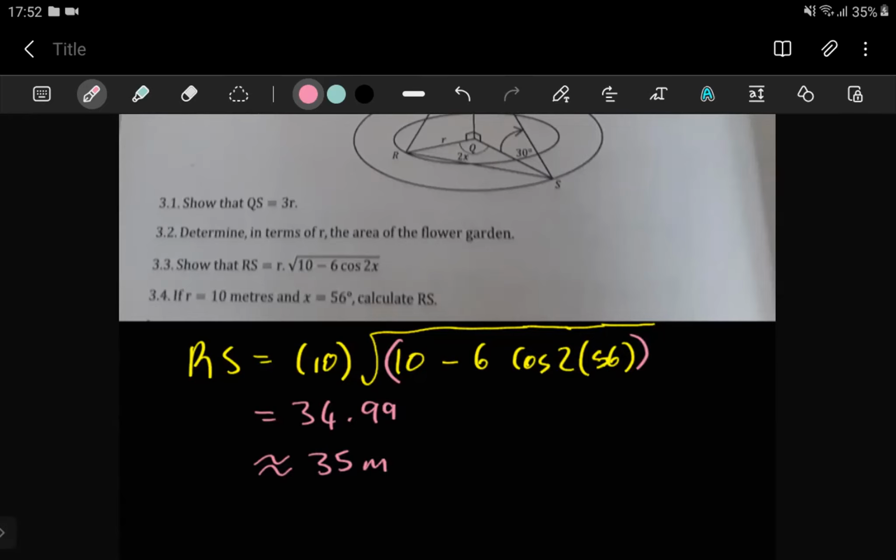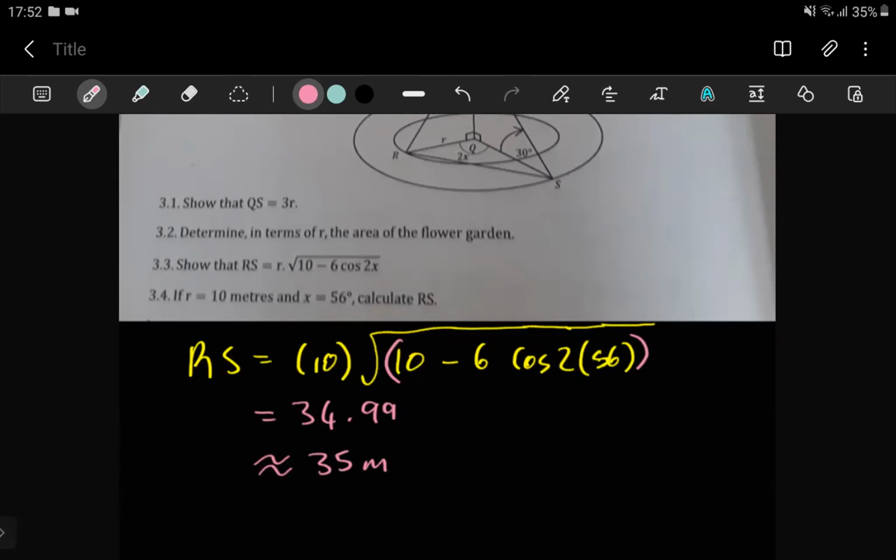Still, it's giving me this awkward answer. What answer are you getting? I'm getting 18,137. I don't know if I'm making a mistake somewhere. 18,137. Okay, let me see something. 10 and then square root symbol, 10 minus 6 cos, and then 2 times 56.